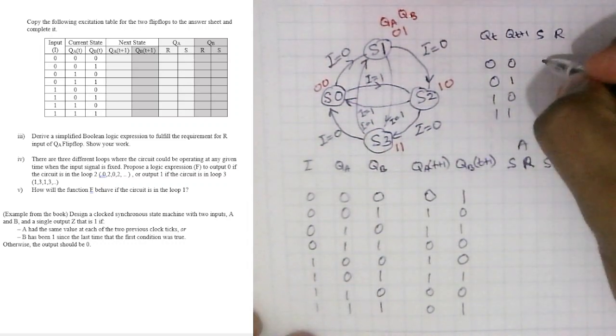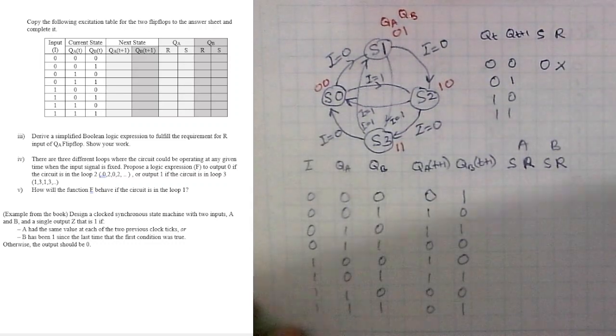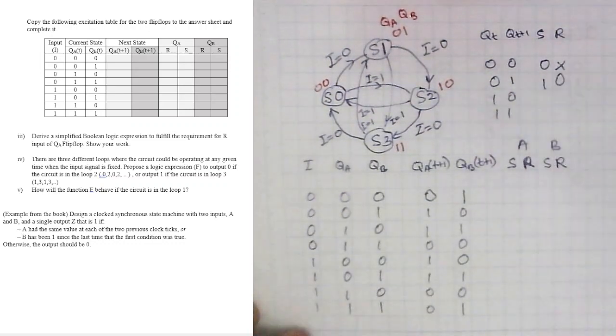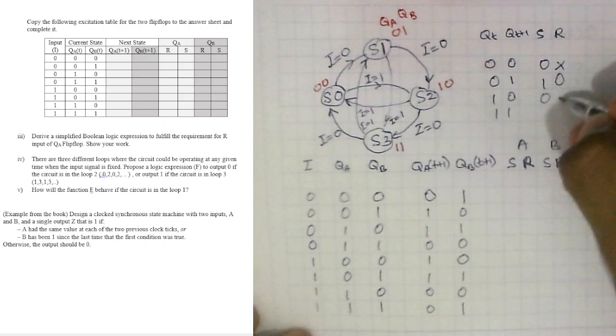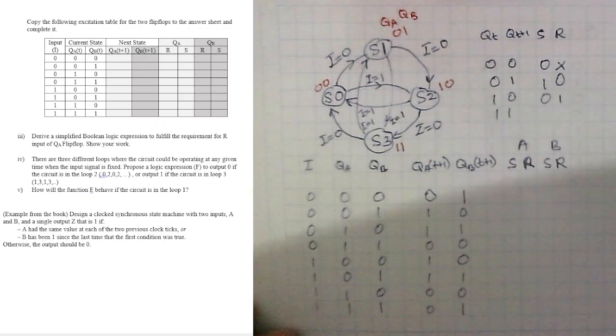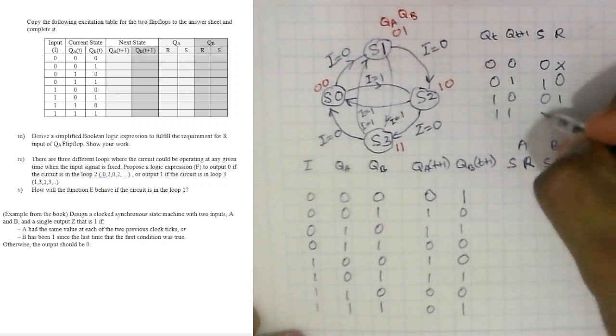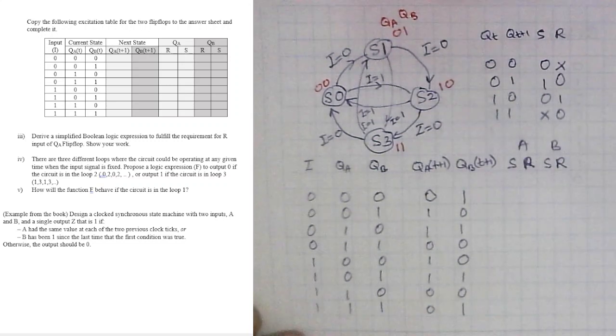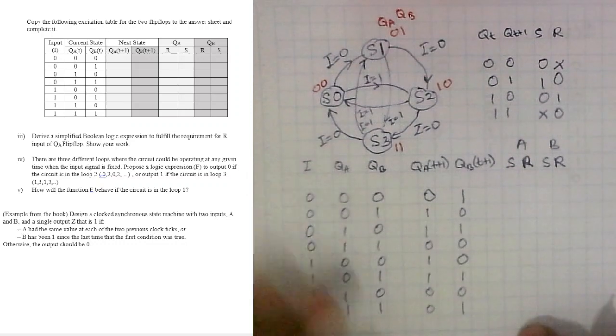I'm just copying it here. 0 x, 1 0, 0 1, x 0. Is it correct? Be careful and copy it correctly, because you will be using this table to finish up the entire table.